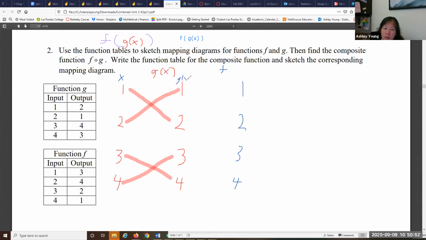These are my y's. My y is my g of x. So maybe I'll erase this part here. This is my x I start off with. This is my g of x, the y that I get from my g. And then that's my input for my f. So at the end, I'm going to end up with this over here, which is f of g of x.